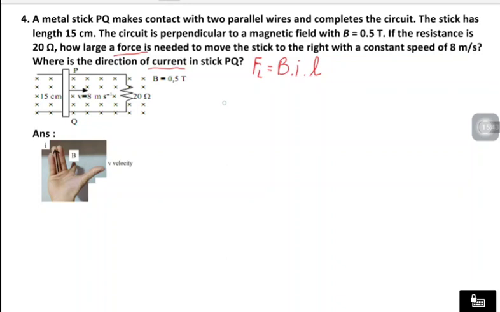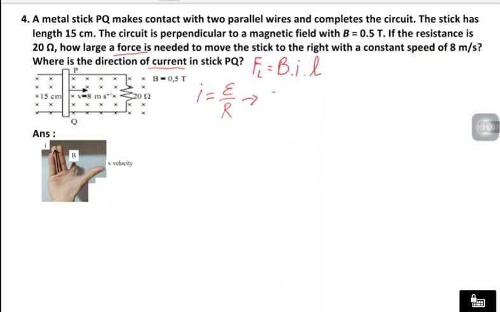Okay. The value of current in electromagnetic induction can be found with the equation current is electromotive force divided by R. So first we find the EMF.